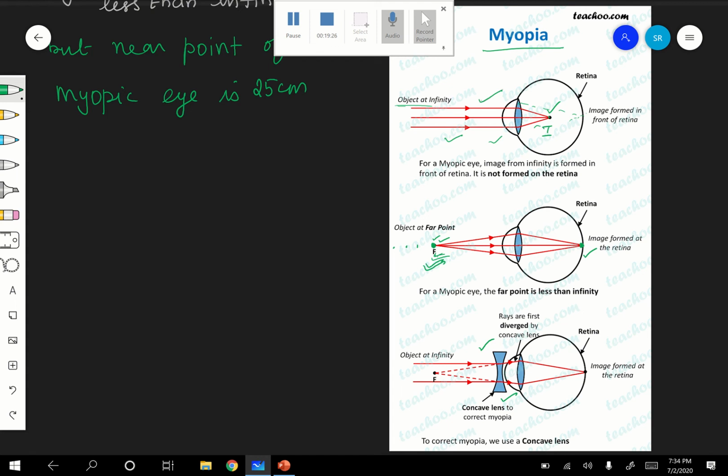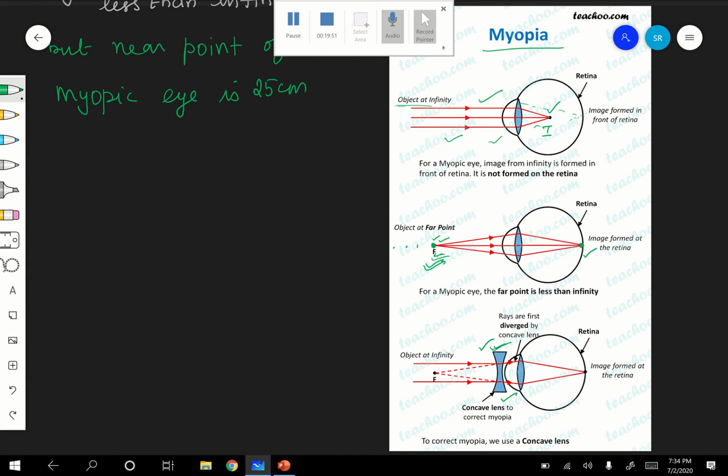Therefore, the concave lens, what it does actually: the parallel rays of light from infinity are coming, then after refraction, where does it fall? It is falling on the concave lens. Let me draw the diagram here instead of showing.